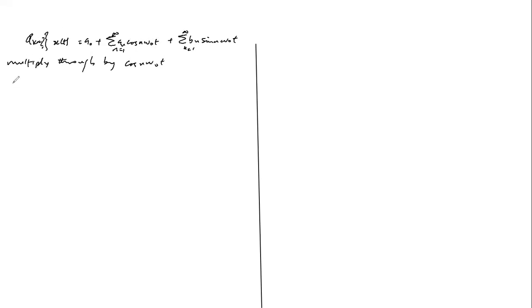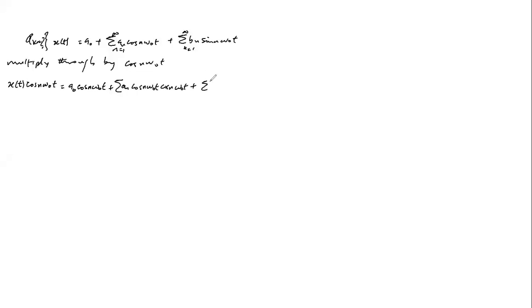Okay, so it means that s of t cos n omega t is equal to a naught cos n omega t, plus summation a_n cos n omega naught t times cos n omega t, plus summation b_n sin n omega t cos n omega t.